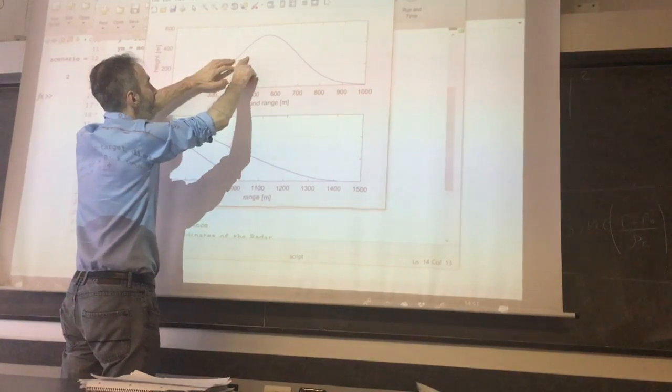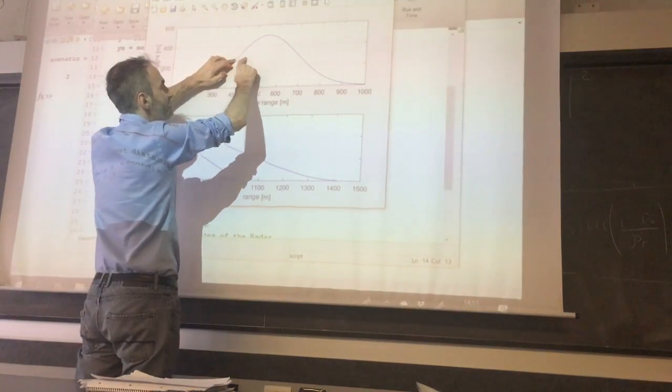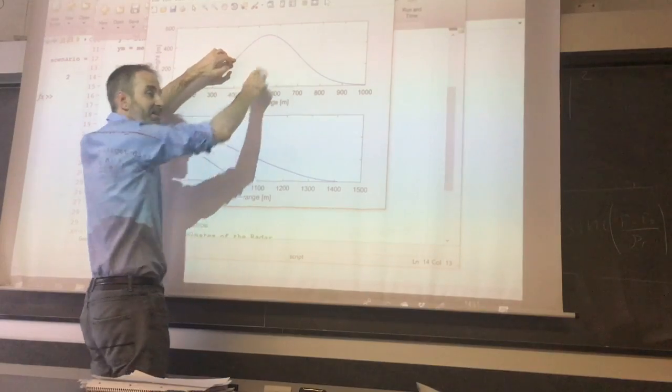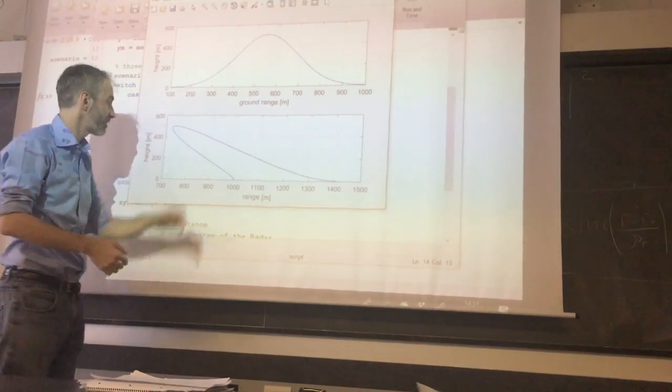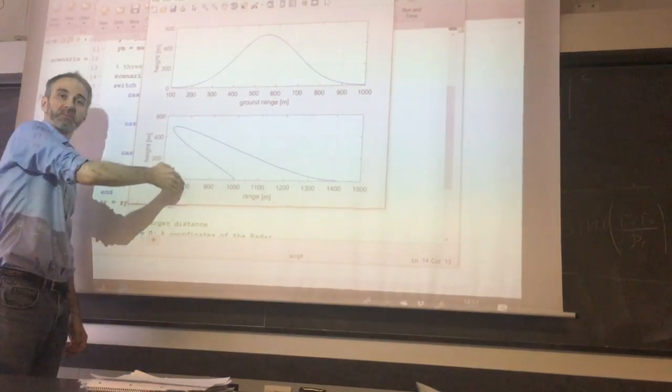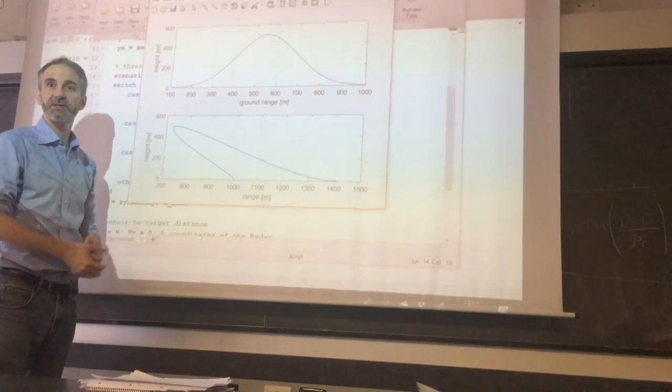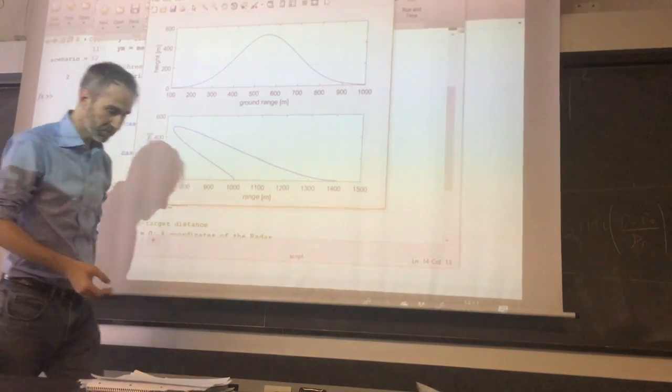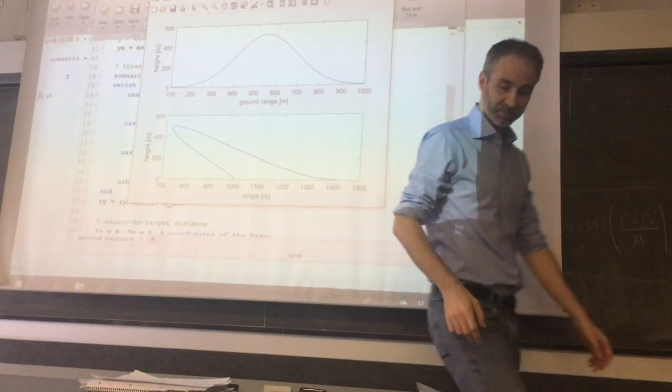Okay, so for example, this point and these other points are at the same distance from the radar, and so they fall at the same range position. There is nothing to do with that.